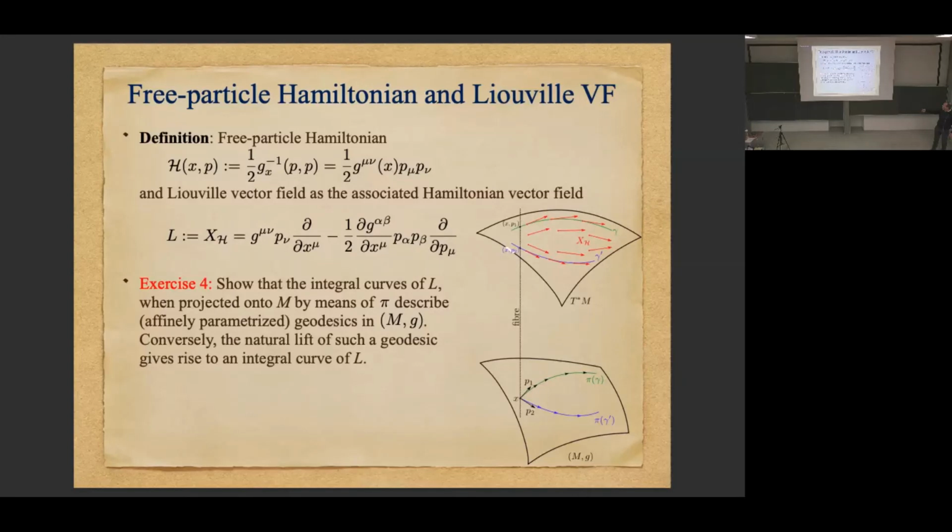So you have geodesics here. You can have geodesics that cross at a point, but they may have different momenta. Then when you look upstairs, they will not actually cross, because P1 will be different from P2. So here they do not cross, but they will cross here.